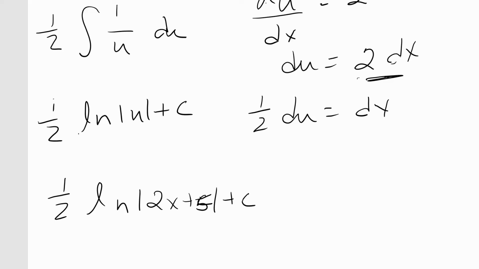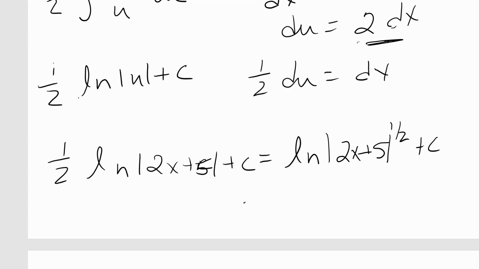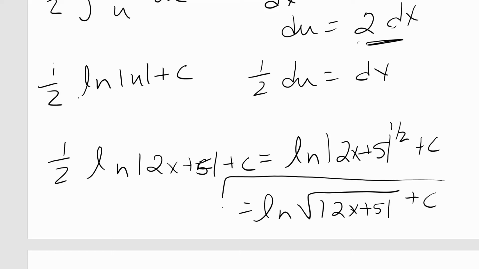But again, remember that 1/2 can become an exponent. So I get the natural log of the absolute value of 2x plus 5 to the 1/2 power plus c. But remember, 1/2 power means square root. So I get the natural log of the square root of the absolute value of 2x plus 5, then plus c. So that's what I'm looking for.